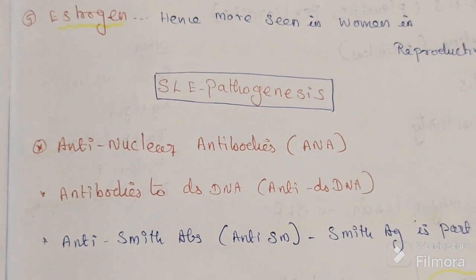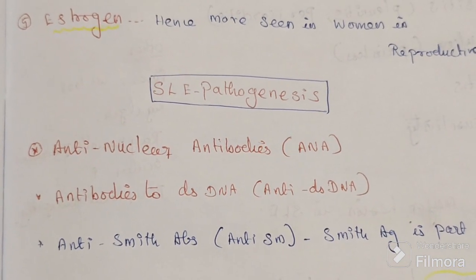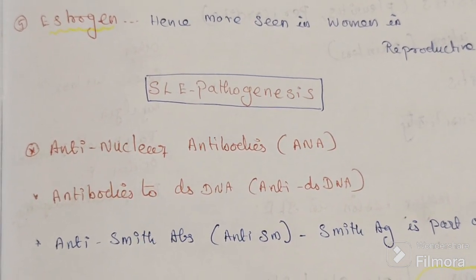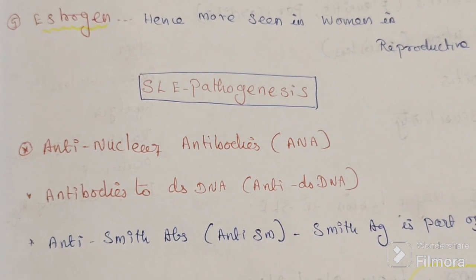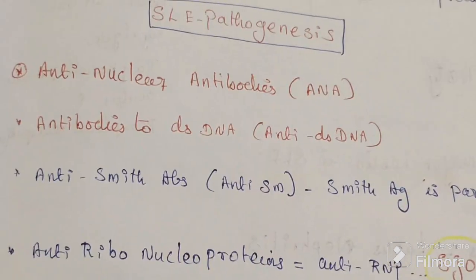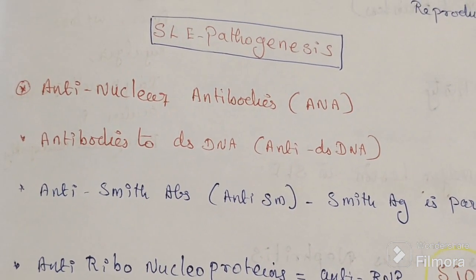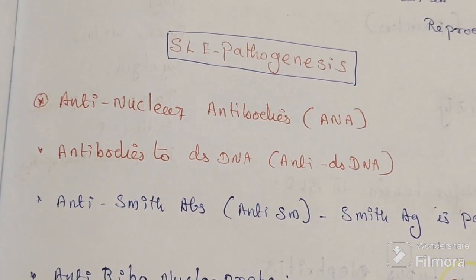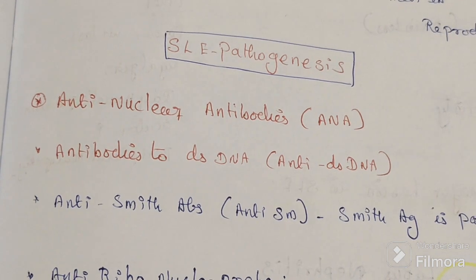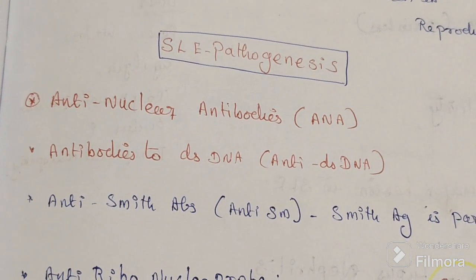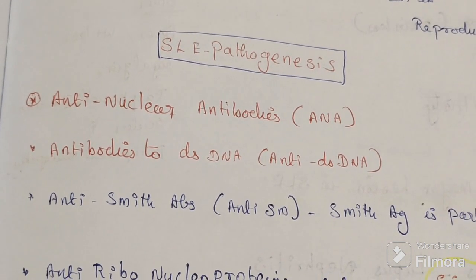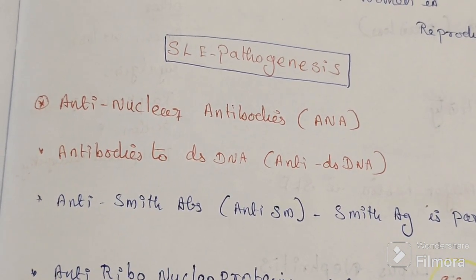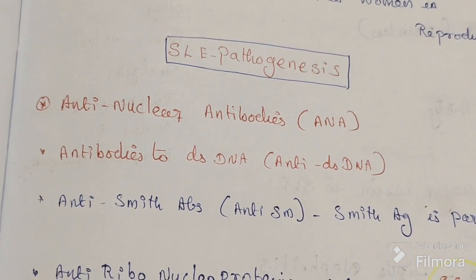So many types of antibodies are synthesized. Basically antibodies fight against foreign antigens, but here antibodies affect our own system. Autoantibodies against nuclear and cytoplasmic components are demonstrated in plasma by immunofluorescence test. So basically that will be the laboratory diagnosis, to determine those antibodies in the plasma.